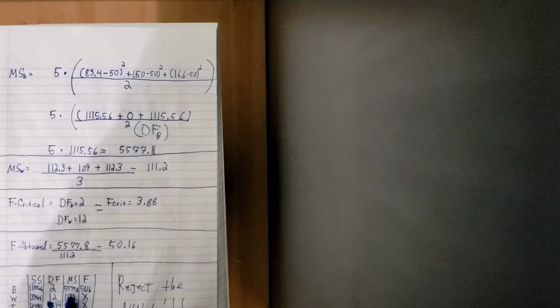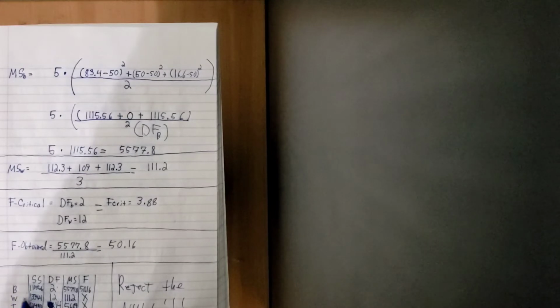So all you do here is mean squared times degrees of freedom equals SS for the betweens, and the same is true with the withins. So SS divided by DF equals MS, and MS times DF equals SS.